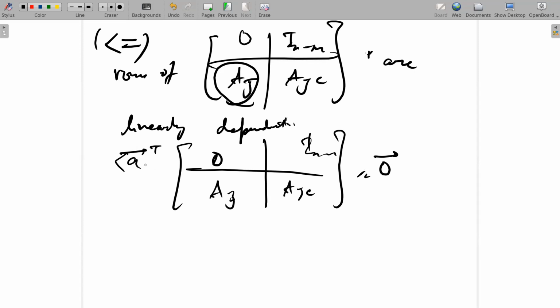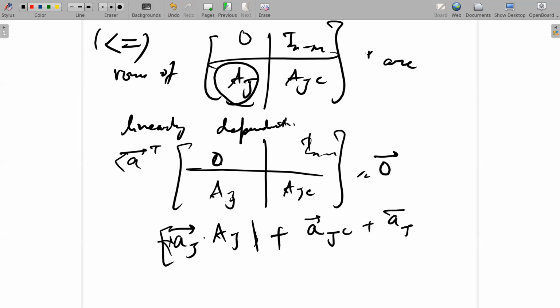So in that case, what you have to do is just look at the AJ part. Essentially, directly from computations, what you have concluded is that this is nothing but AJ plus AJ complement, and this is equal to 0.